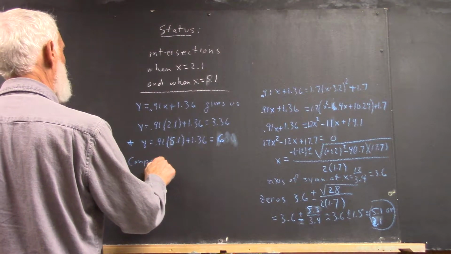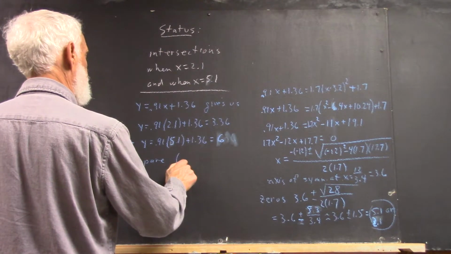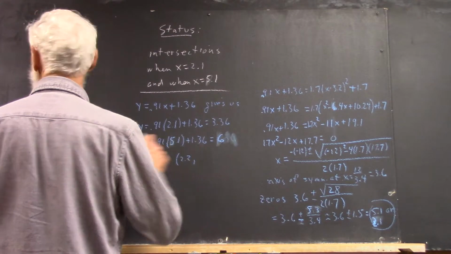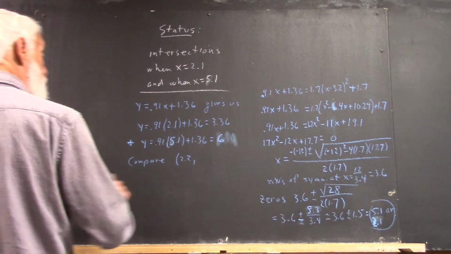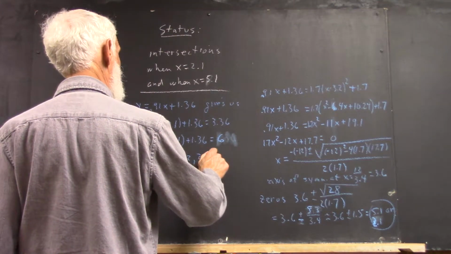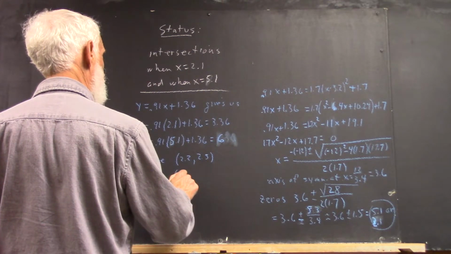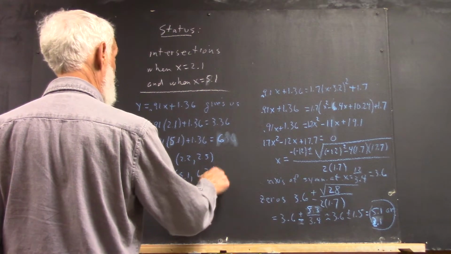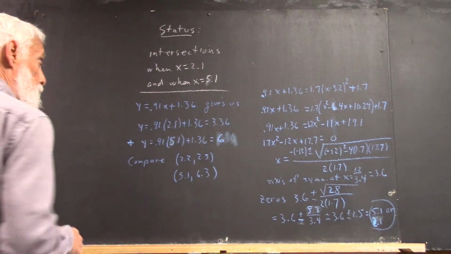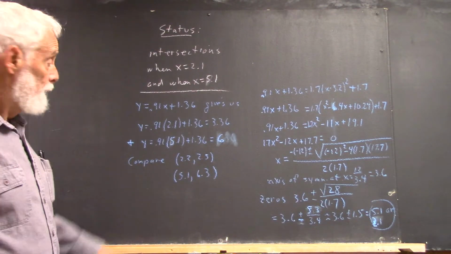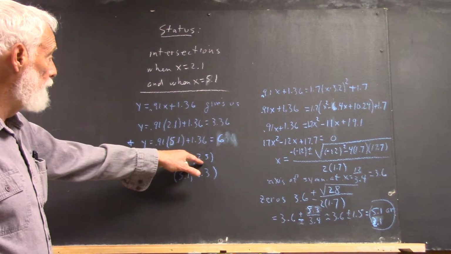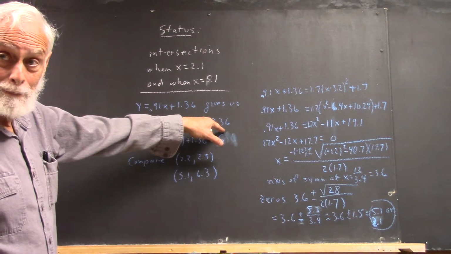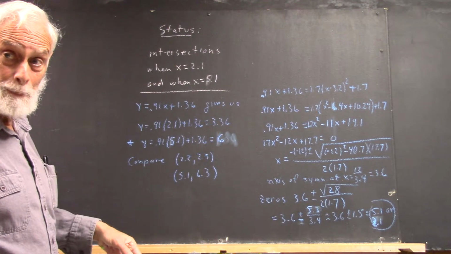So let's compare with our estimates, which were 2.2, 2.5, and 5.1, 6.3. Okay? So for the 2.2, 2.5, well, we got 2.1, 3.36, right?